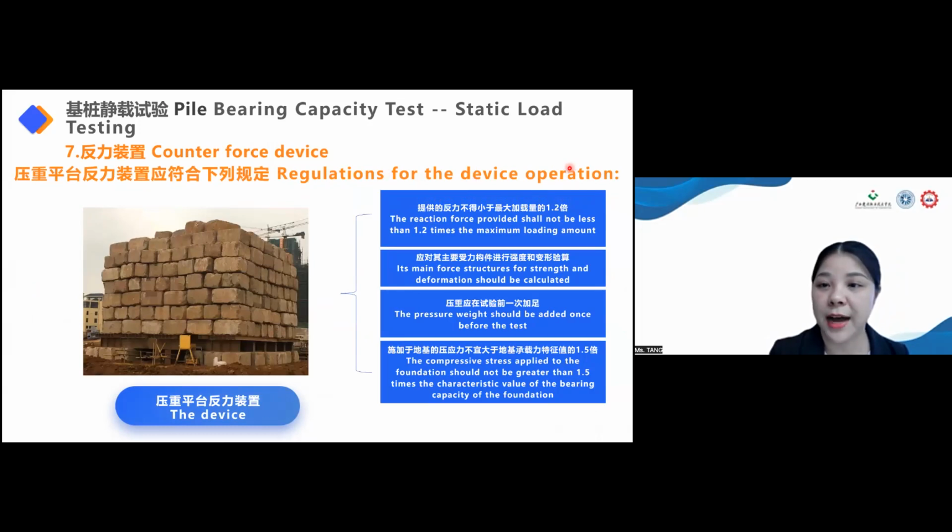Regulations for the device operation. The reaction force provided shall not be less than 1.2 times the maximum loading amount. The reaction force structures for stress and the deformation should be calculated.